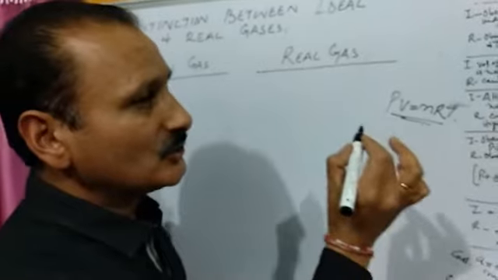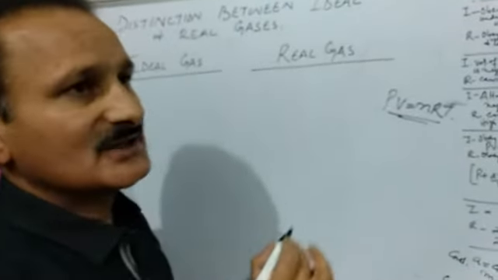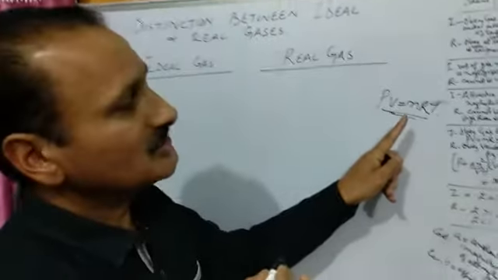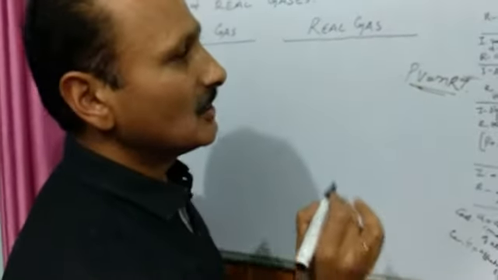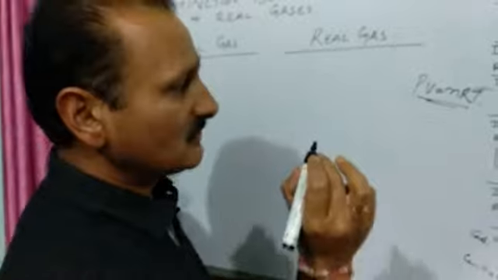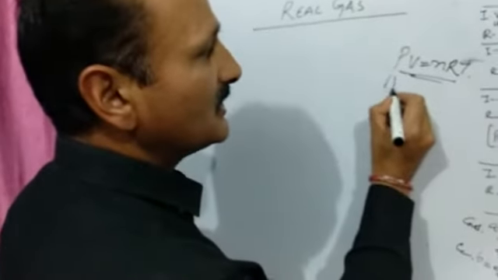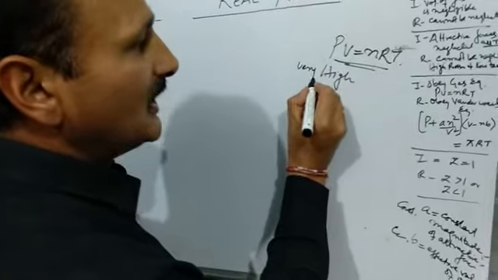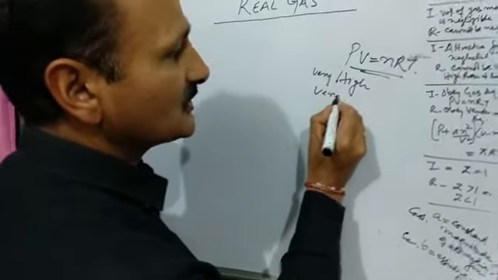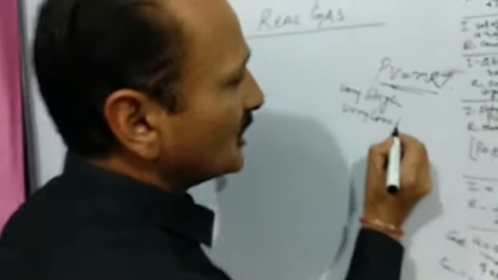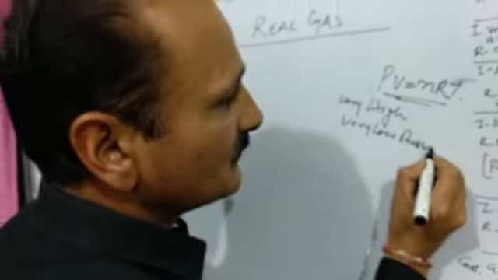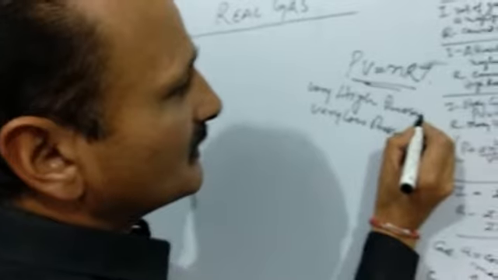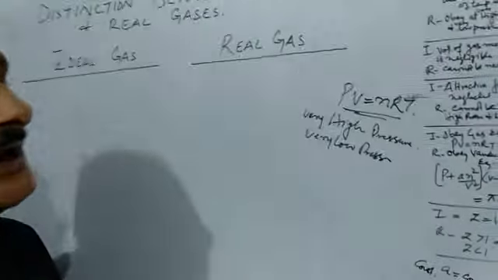But as you know, we do not have these gases because such a situation cannot be reached. Such a situation can be reached only under two conditions: one, very high temperature, and very low pressure. These are the two conditions at which we can have ideal gases.